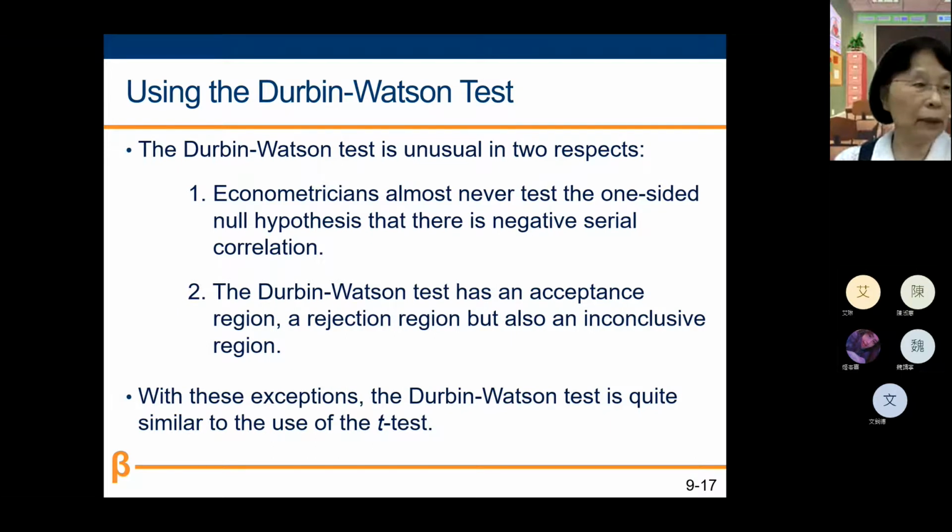In most situations in econometric regression, we almost never use the Durbin-Watson test for the one-sided null hypothesis of negative serial correlation.